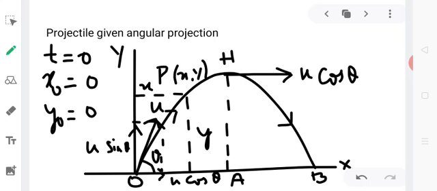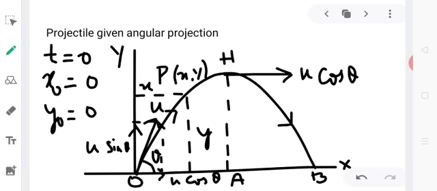At a certain point, as you can see, we have marked it with the alphabet h, this component velocity reduces to 0. After this, the object moves with horizontal component velocity u cos theta and a continuously increasing vertical component velocity due to gravity pull and finally strikes at point B on OX.